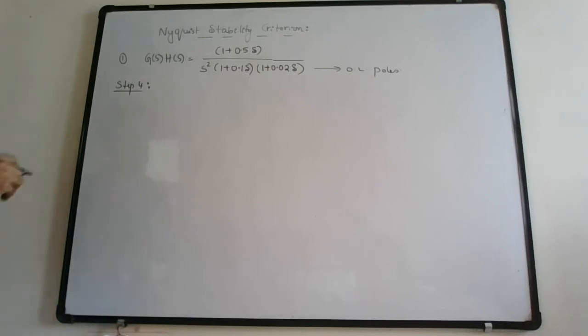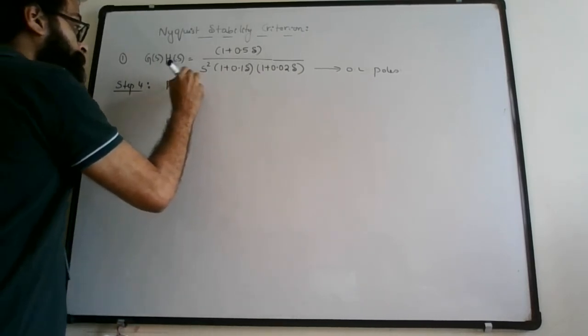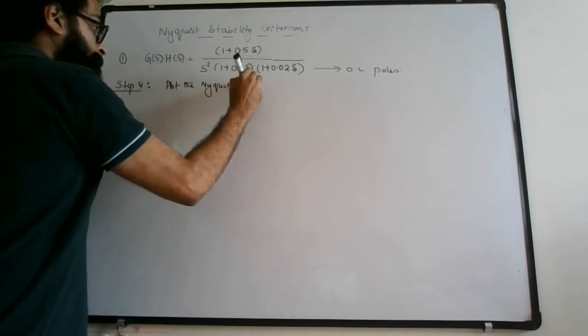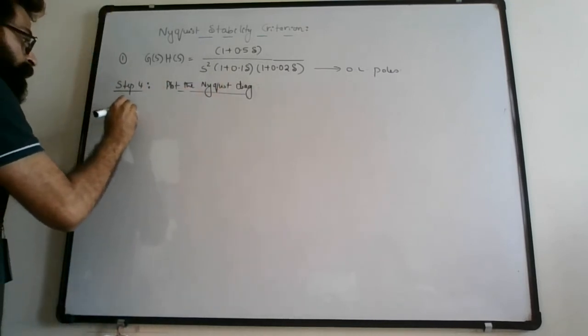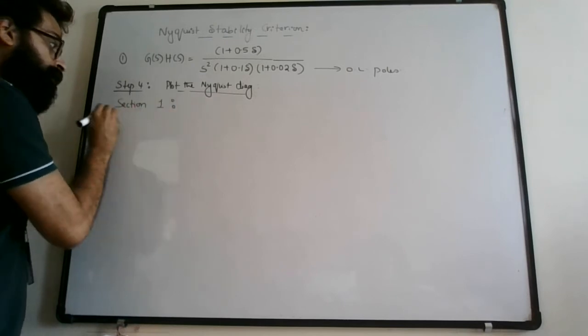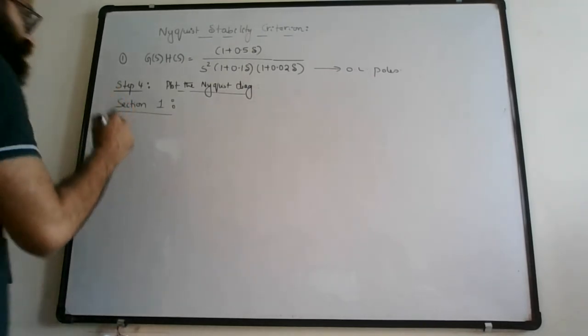So in step 4, let us plot the Nyquist diagram. So let us plot the Nyquist diagram on the basis of different frequency values. So first let us consider section 1.